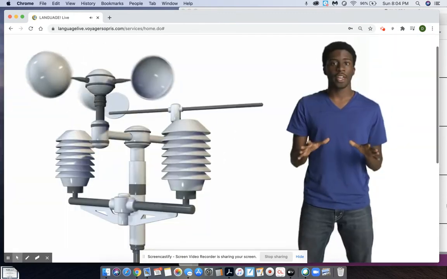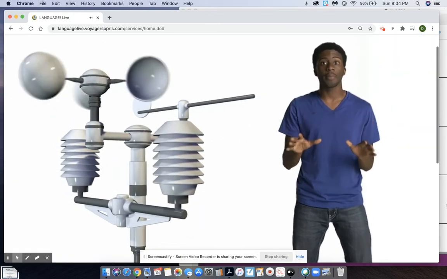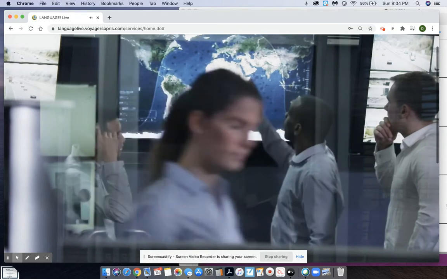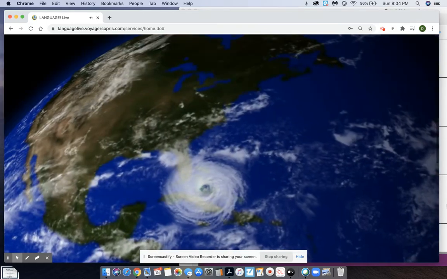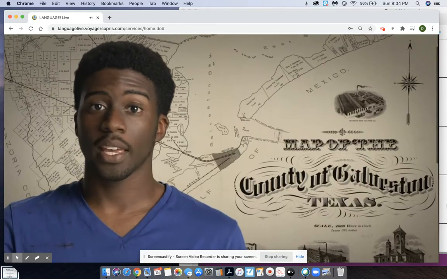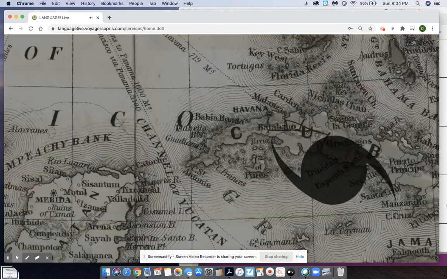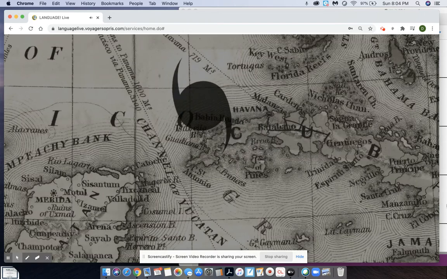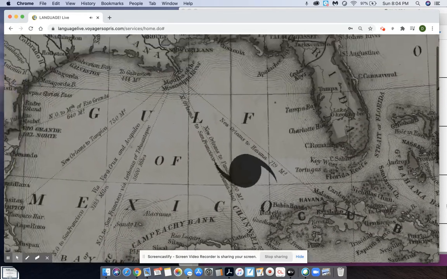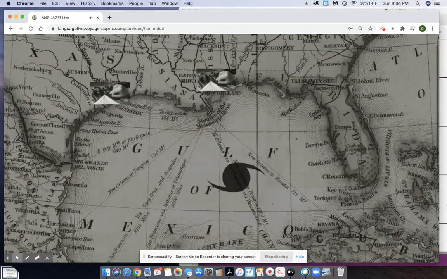Technology for tracking hurricanes hasn't changed our ability to stop these storms, but we can predict and watch for them days in advance. This wasn't the case on September 9th, 1900, in Galveston, Texas. The powerful hurricane had roared across Cuba and into the Gulf of Mexico. There were a few warnings telegraphed to cities along the Gulf Coast, but little ability to predict its movement.